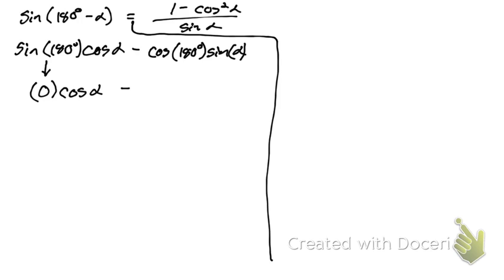Now the cosine of 180 degrees right here is negative 1. So it's going to be negative 1 times the sine alpha. Well, this is just 0. Negative times a negative is a positive, so this half is sine alpha.